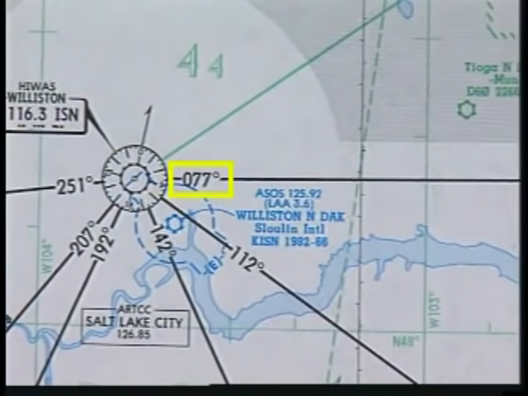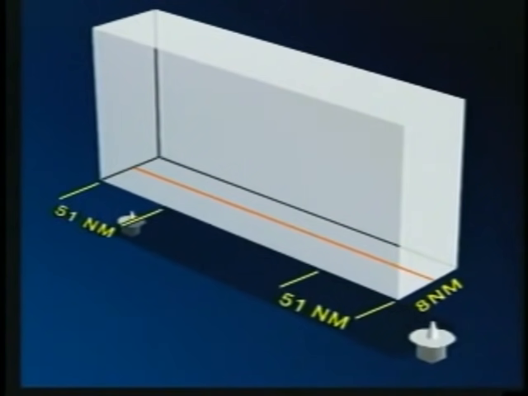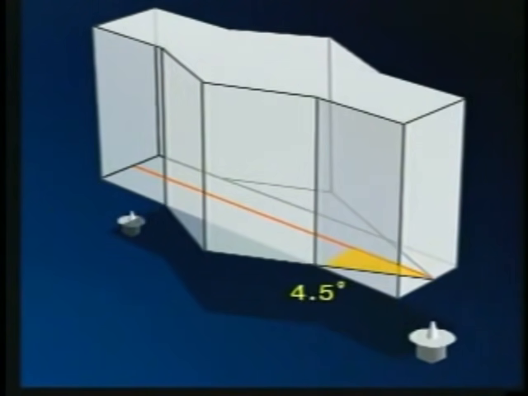The VOR radials forming the airway are labeled next to the NavAid symbols. The standard airway width of 8 nautical miles is maintained to a point 51 nautical miles from the NavAid. If the airway extends beyond this point, the controlled airspace expands to include the areas which diverge from the NavAid at angles of 4.5 degrees.